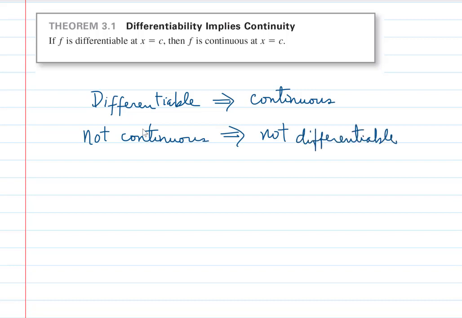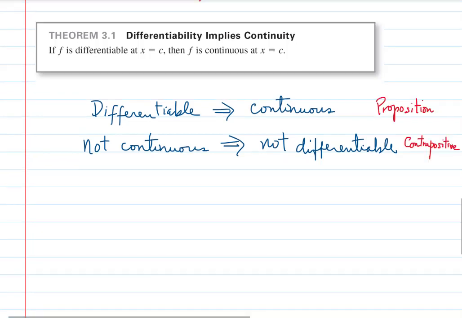So basically, saying a function is differentiable implies continuity is the same thing as saying if a function is not continuous at a point, then it's not going to be differentiable. So these two are equivalent. So again, this is what we call the contrapositive here.